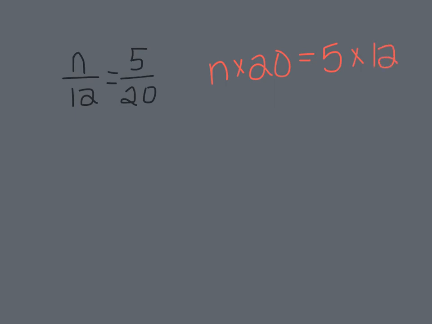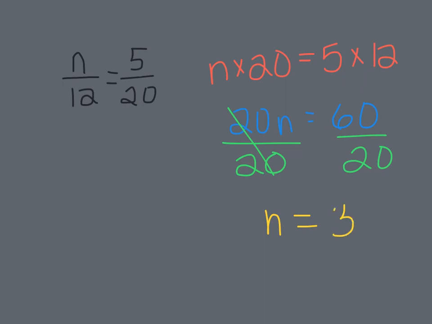So we'd have 20n equals 60. Then we divide both sides by 20. This cancels out, n is by itself. So 60 divided by 20 would equal 3. So n equals 3.